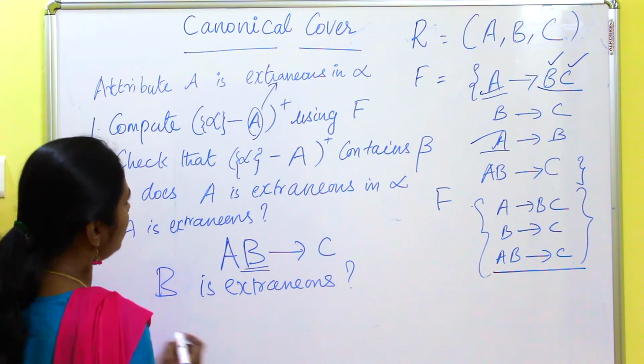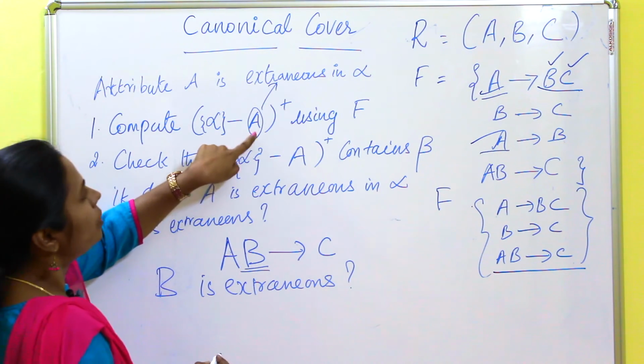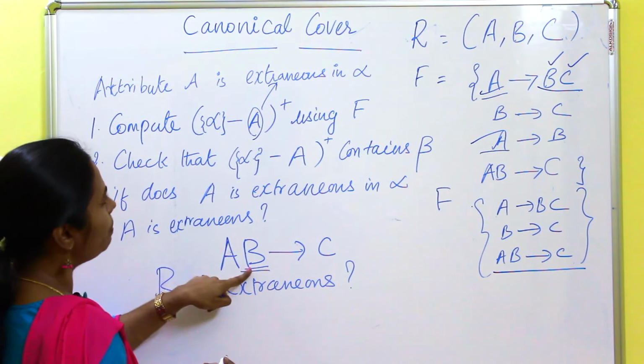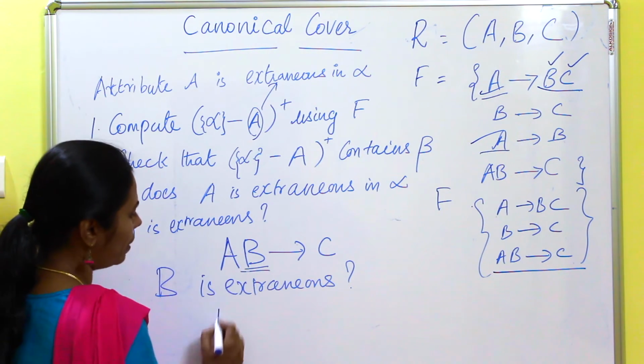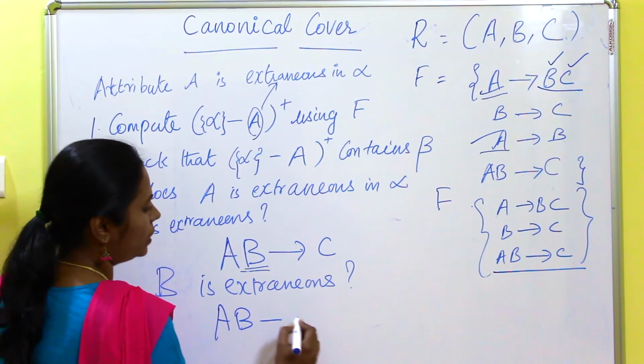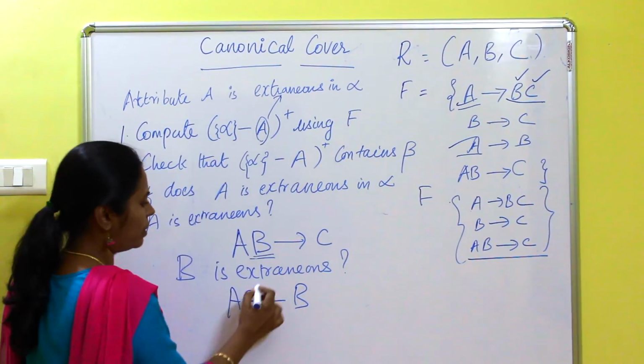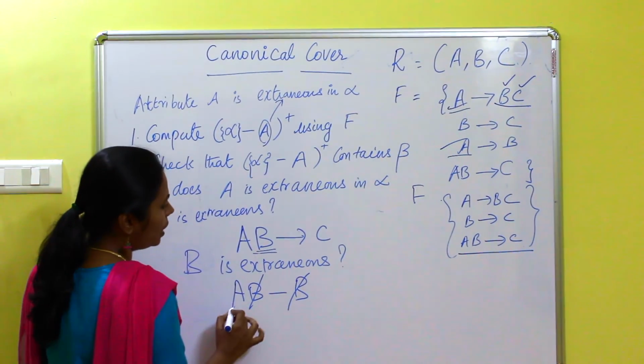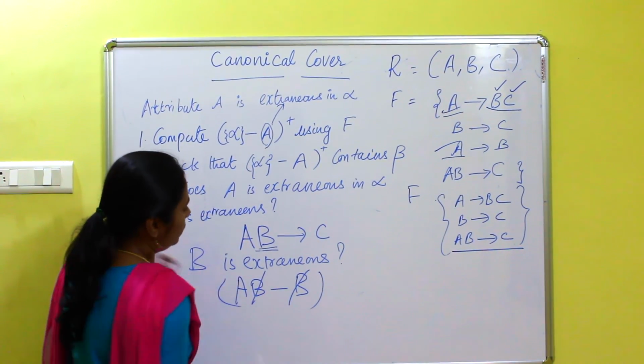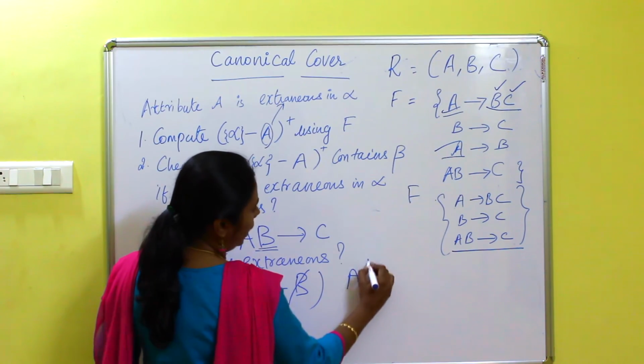If B is extraneous, what do you have to substitute? Alpha is AB, minus B, so here B plays the role of the extraneous variable, and A remains. Now you have to calculate A closure.